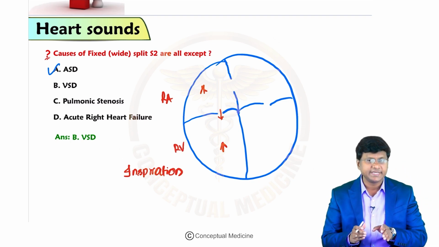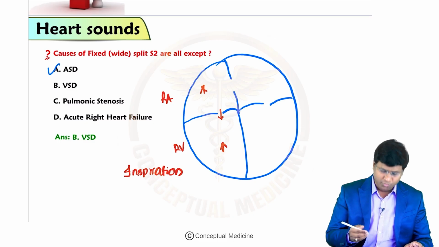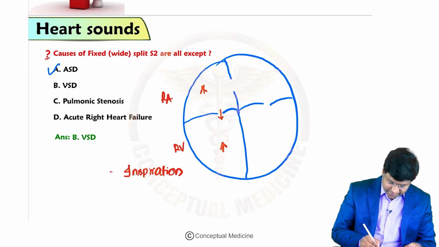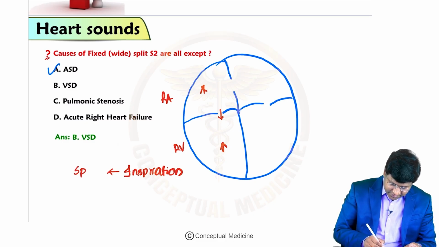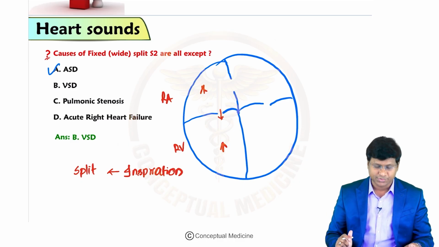So when there is increased quantity of blood passing across your right atrium and right ventricle during inspiration, what will happen? The P2 will be delayed. Thereby you will have a split. I have explained the same mechanism in the initial part of the S2.